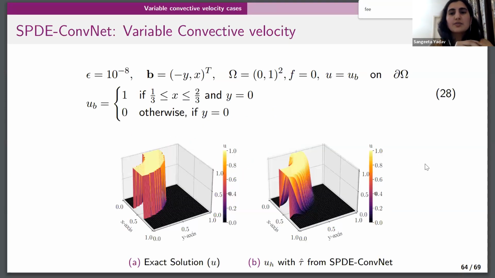And lastly, I would like to show the solution, because SPD ConNet is capable of handling cases where the convection velocity is a function of any of the independent variables, either X or Y. Here we have taken the velocity to be (minus Y, X), and because in SPD ConNet we take the input cell-wise, this is the kind of solution we have obtained for this variable convective velocity case. It shows that SPD ConNet can take care of such complex cases of equations.